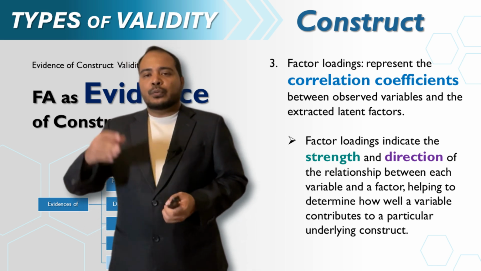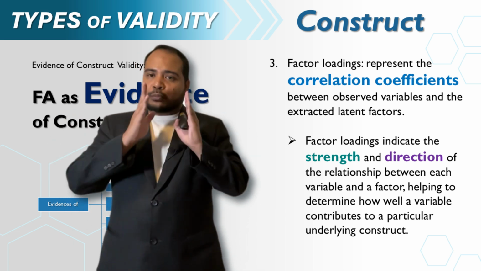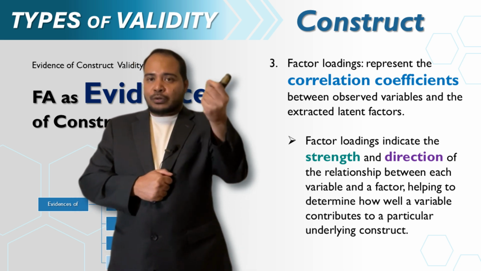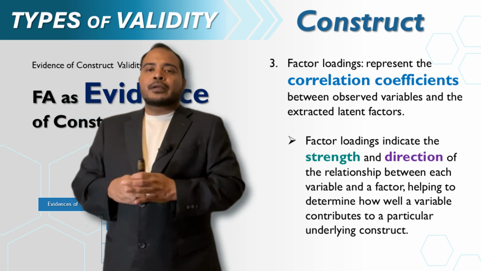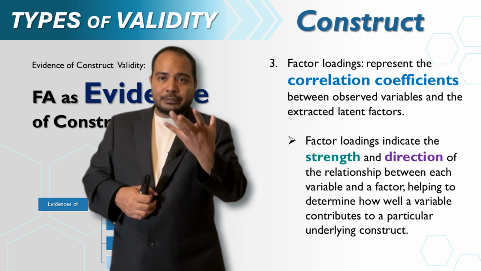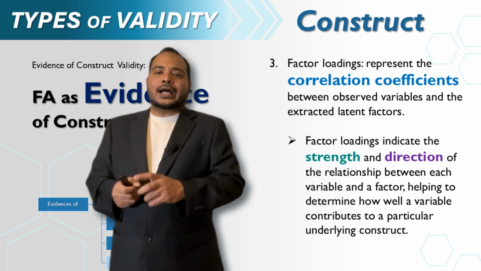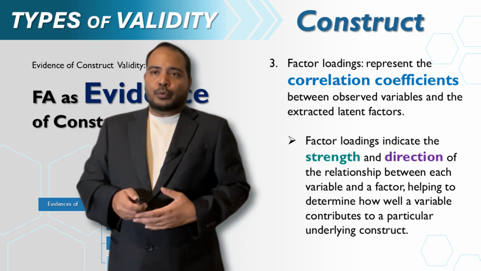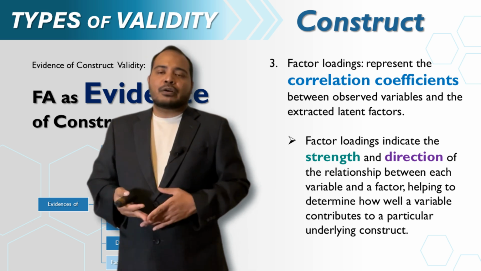So we are hoping items 1 to 5 load under one factor, which may represent component A; items 6 to 10 load under one factor, which should represent component B; and items 11 to 15 load under one factor, which should represent component C.